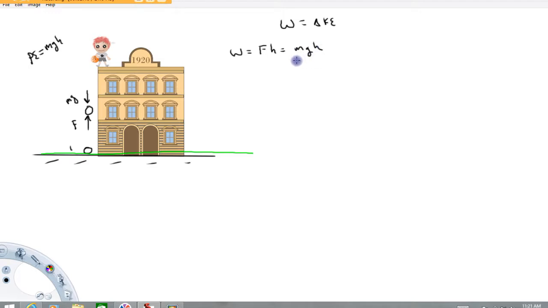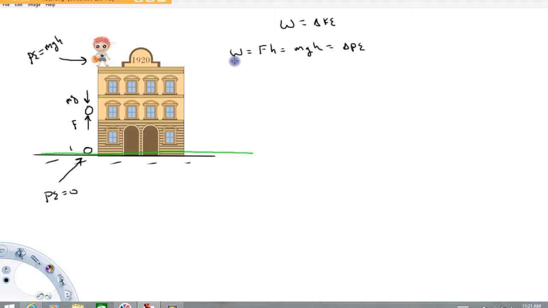Now you'll notice that that's equal to the change in potential energy of the system, because the potential energy at this location is 0. The potential energy at this location is mgh. So the change in potential energy would be the final potential energy minus the initial potential energy, which is this term.